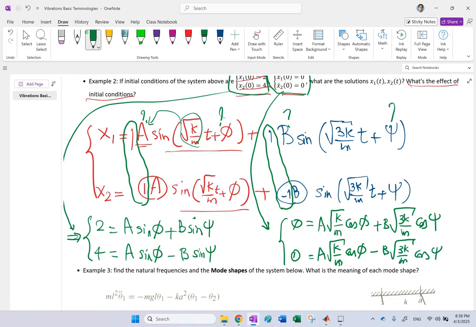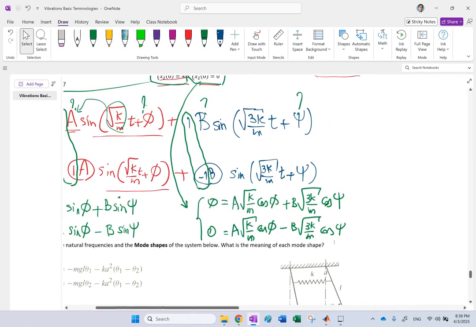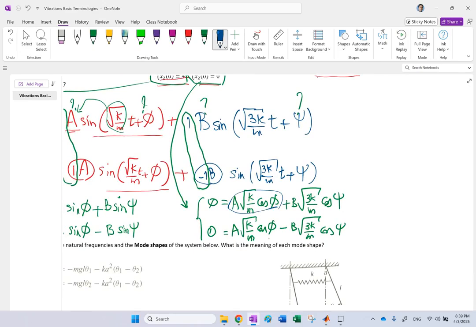You see, you got 4 equations and 4 unknowns, and I bet you should be able to solve for them, right? For instance, from the second 2, if you just add them together simply, you'll see that this guy has to be 0, because if you add them, you get 2 times that will be 0. K over m square root cannot be 0.